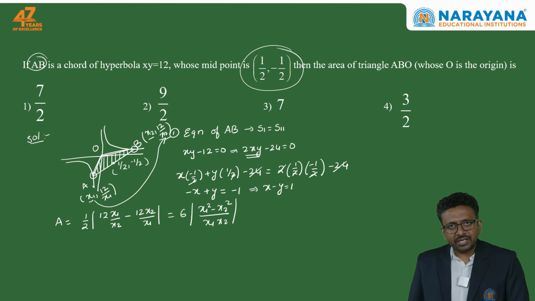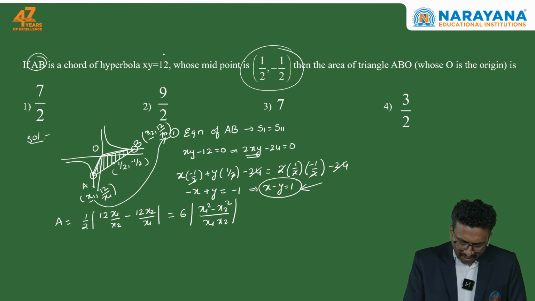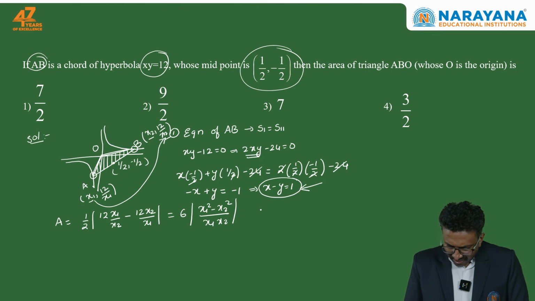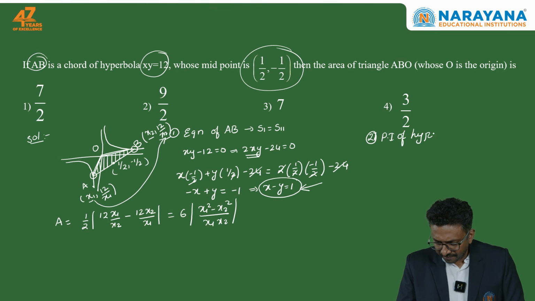To get the x coordinates of the points of intersection, let us create the simultaneous equation of the chord and the hyperbola. So that's the second step: the point of intersection of the hyperbola and the chord.